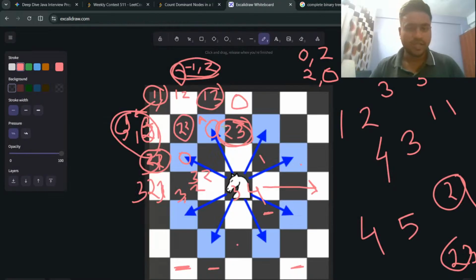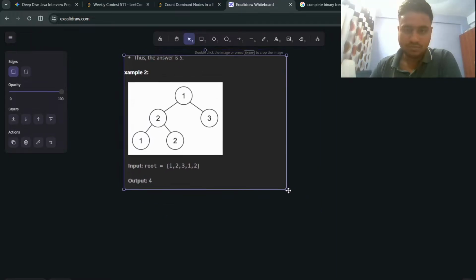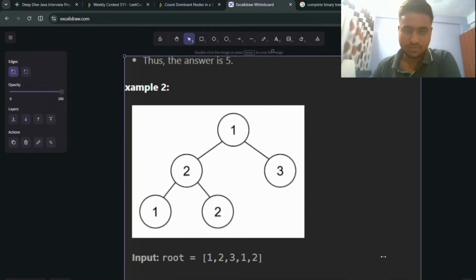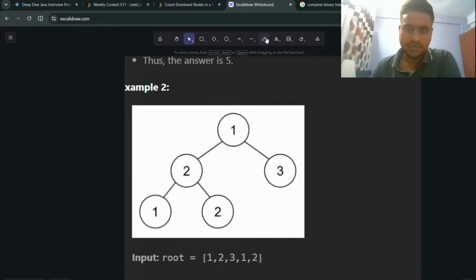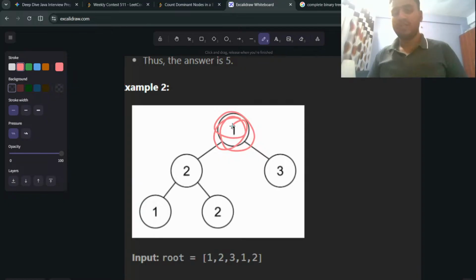As of now, let's see how we can solve this question. So basically, I am on the root node. When will this node be dominant?